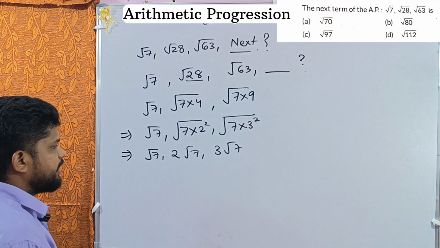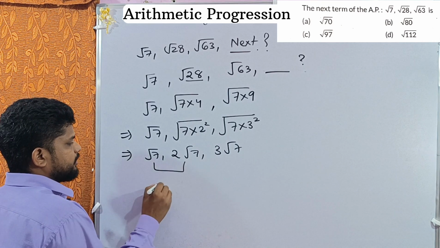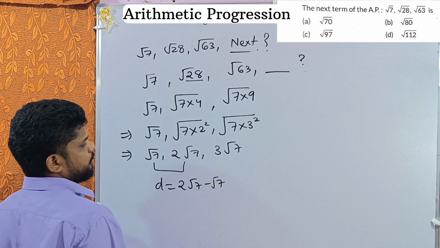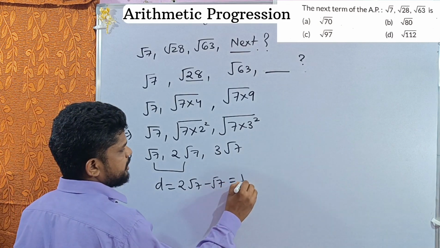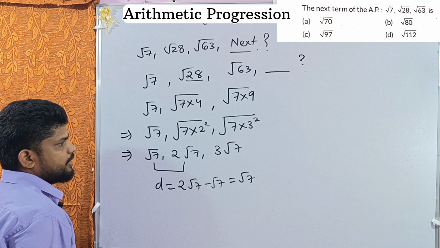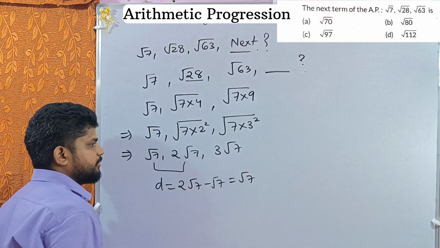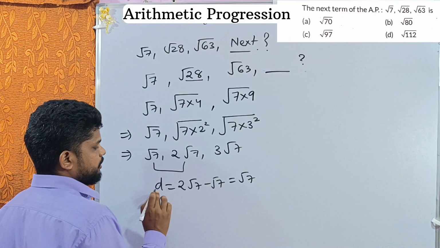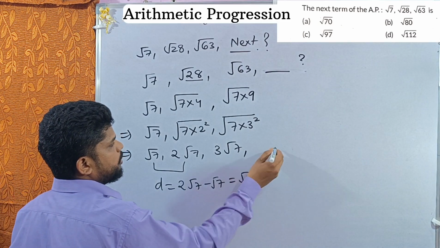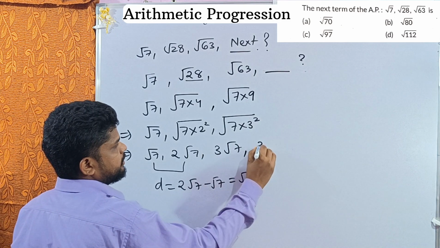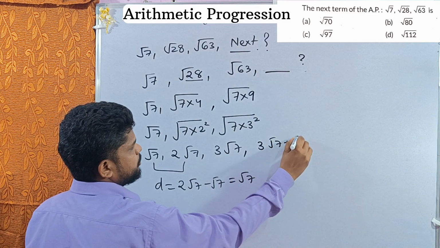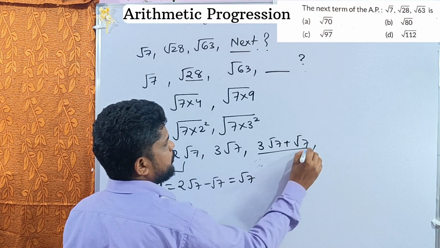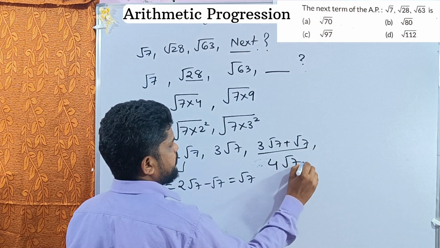Here you can observe that the common difference is 2 root 7 minus root 7, which is just root 7. If I add the common difference d equal to root 7 to the last term, I get 3 root 7 plus root 7, which is 4 root 7.